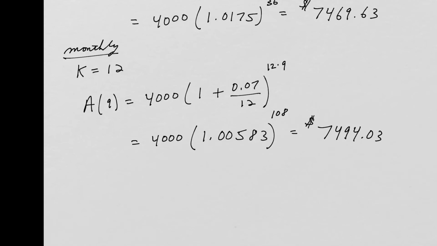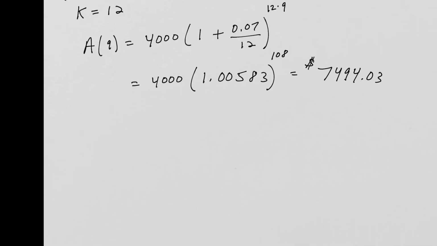Okay. One thing you should see from here, though, is that if you compound more than once per year, the actual interest in a year is more than the annual percentage rate, right? Actually, let's talk a little bit about that before I go on to continuous compounding. So let me write that down here.